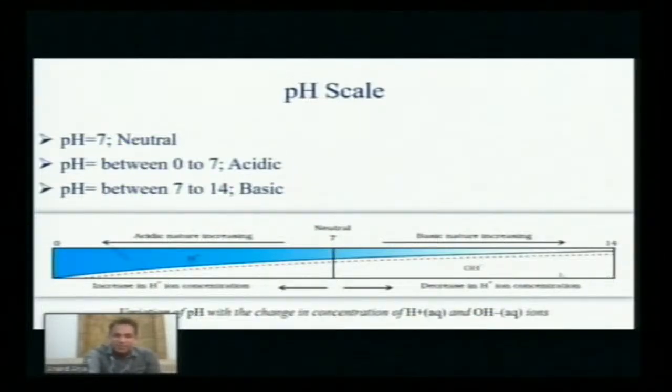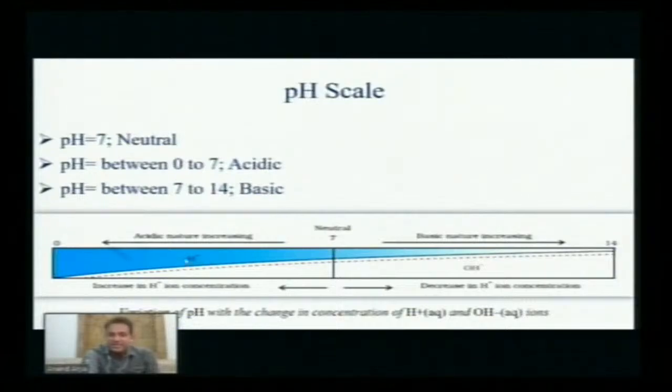So if the pH of any solution is 7, that means the solution is neutral, that is, neither acidic nor basic. When we move downward from the pH value of 7 to 0, there is an increase in the H plus ion concentration.